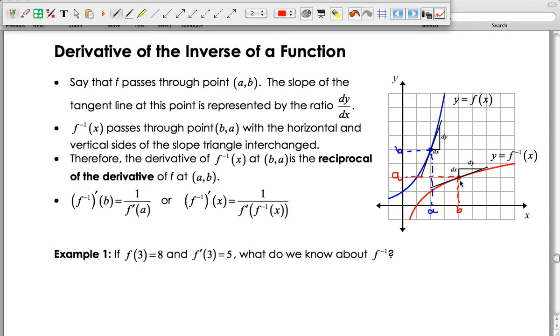We would have a rise dx, if this was dx, now the rise is dx, and if this was the rise dy, here the run would be dy. Why is that? Because x and y are switching roles. So here the slope of the tangent line would be rise over run.